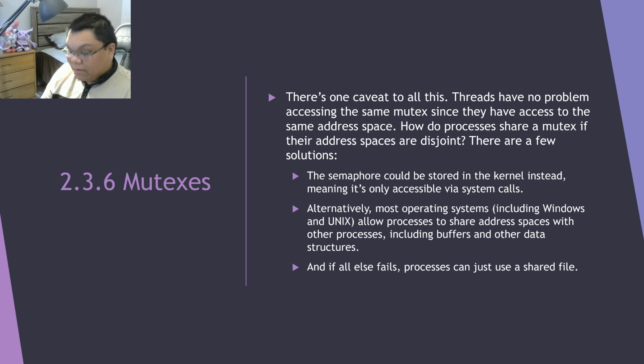How do we get processes to share a mutex? Well, there are actually a few solutions. The first solution is to have the semaphore be stored in the kernel, meaning we can only access the mutex as a kernel system call.